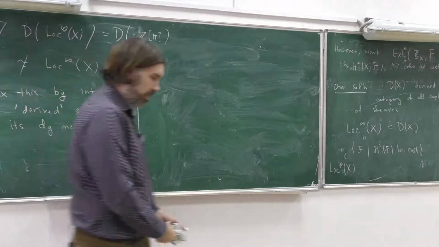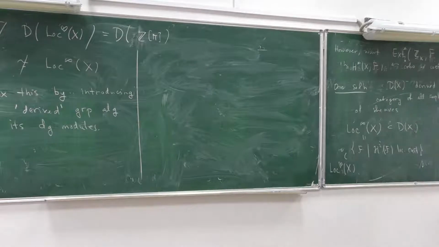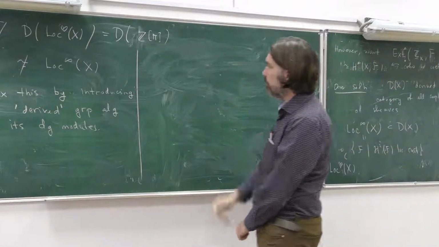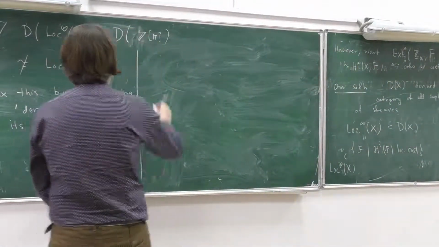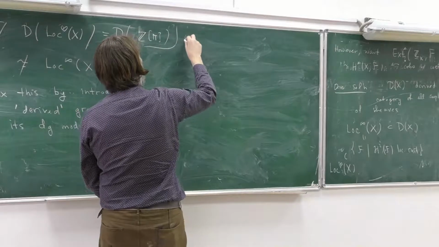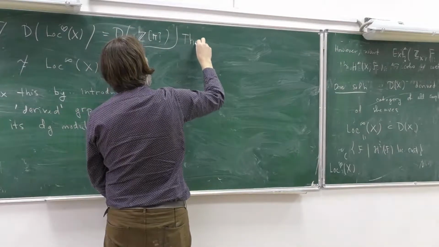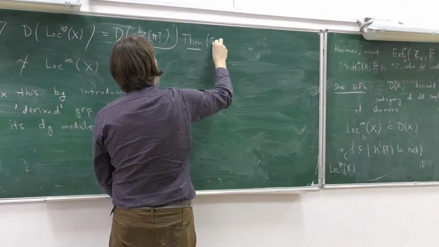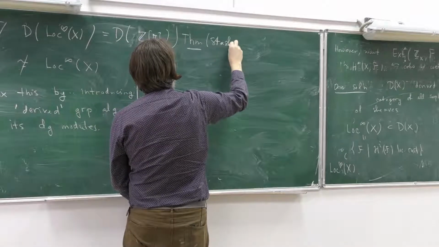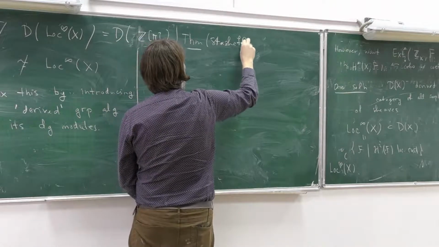So let me say what I mean by this derived group algebra. But to motivate it, I want to recall a theorem of, I think, Stasheff. I think this is from Stasheff's thesis, although I've never read it. But people usually attribute this to Stasheff.